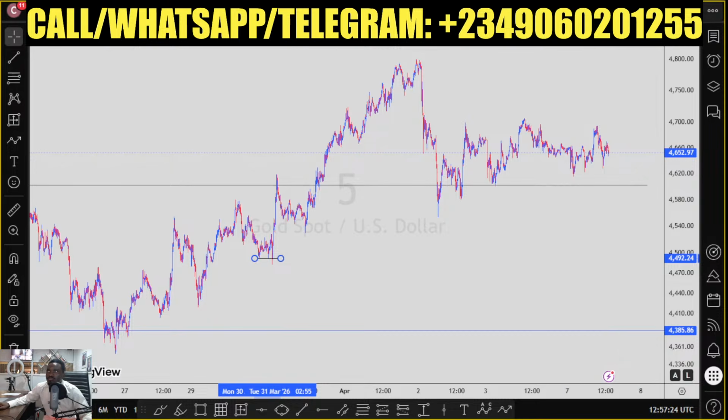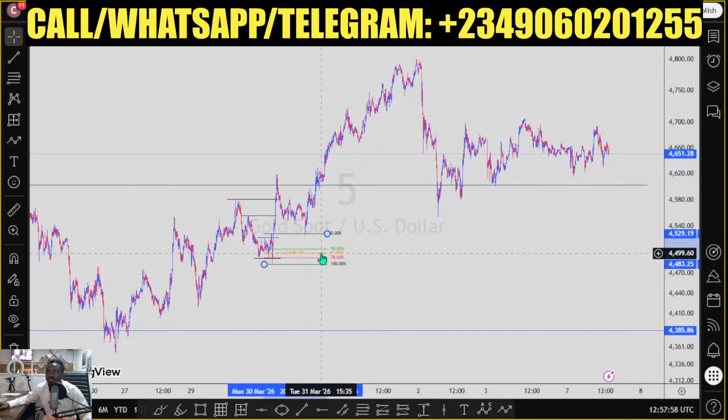The sweep, the break, another break, the break of structure. Now from this swing low to the break here, expectation was price needed to crash down to 4,500, but price didn't get to 4,500. So in future, let's see what price has to do at 4,500.